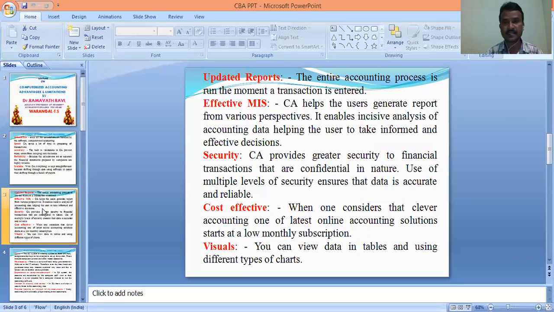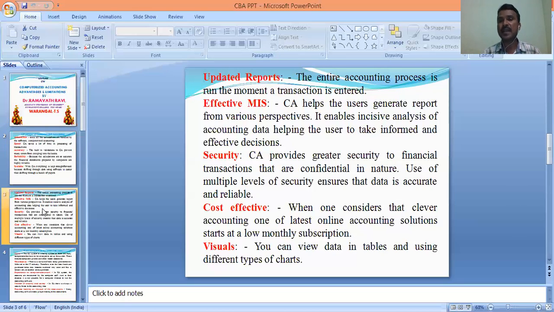Whatever the changes are, we simply go back, edit, modify, and update. These facilities are available in computerized accounting, but such facilities are not available in manual accounting. We already know that very well.